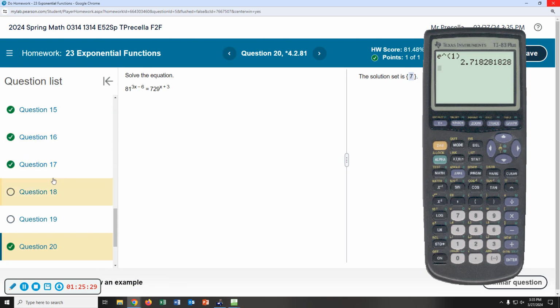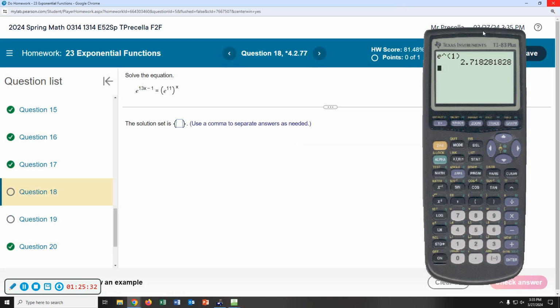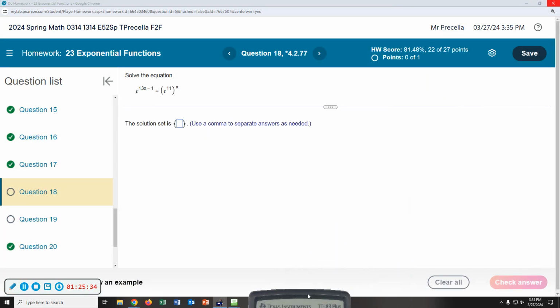To illustrate, go back to number 18. Let me write this down. This is number 18: e to the 13x minus 1 is equal to e to the 11, all raised to the x power.